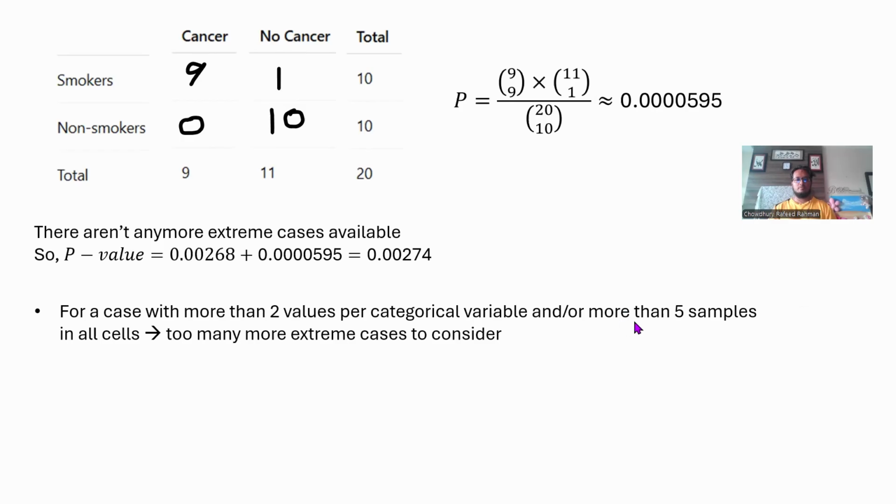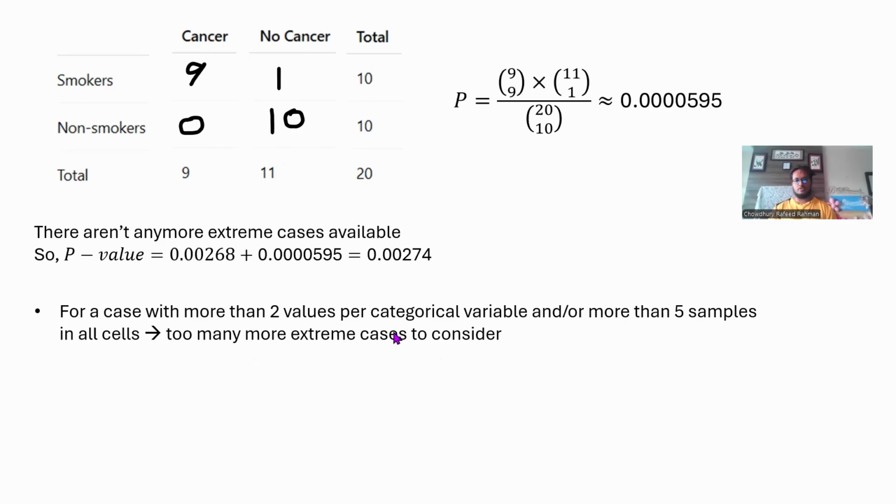Also, if you have more than 5 samples in all of your 2 by 2 cells, then it will also not be very smart to do Fisher's exact test. It is because in those cases there will be too many more extreme cases to consider, and often these calculations become very tedious, and you are going to have such big values right here that you are going to get a math error or something like that. So I wouldn't recommend using Fisher's exact test in these 2 cases.